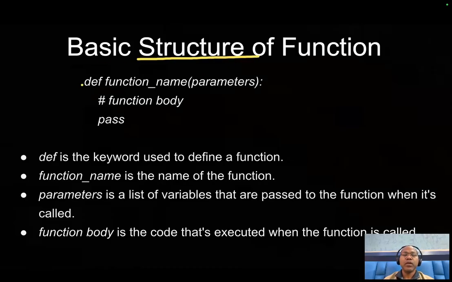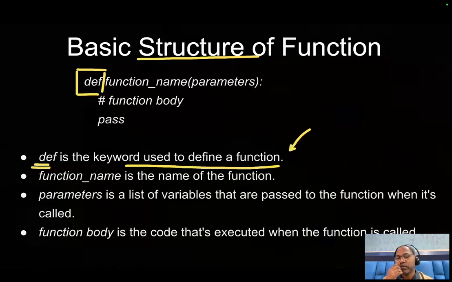So very simple, you use one keyword, def. Def is the keyword used to define a function. So what is a keyword? Keywords are specific reserved words whose meaning the Python interpreter knows.